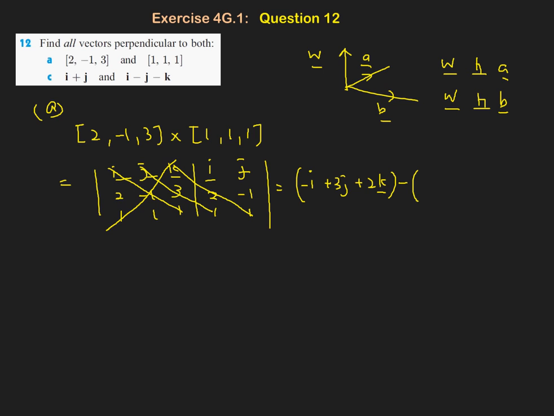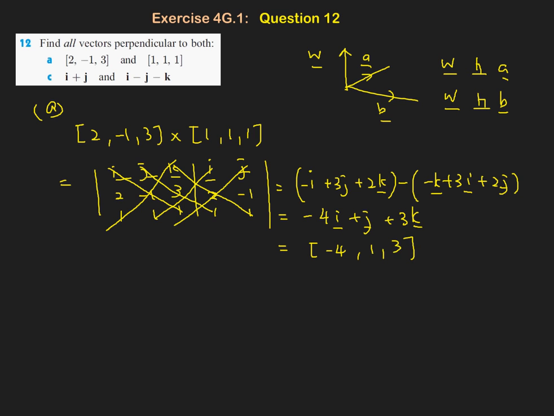I'll get negative K plus 3I and plus 2J. Check this, then we have minus 4I and plus J and plus 3K. And so the vector we're talking about is negative 4, 1, and 3.